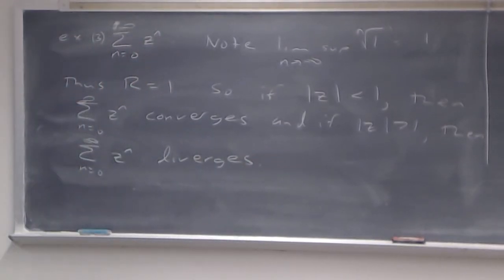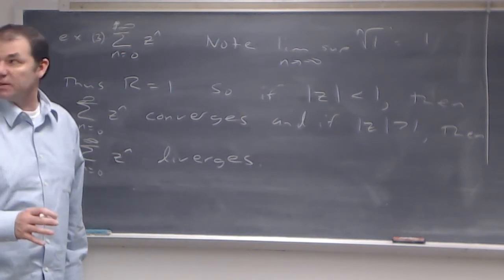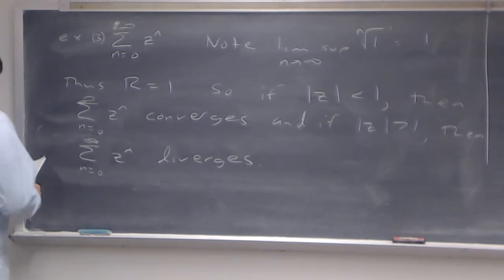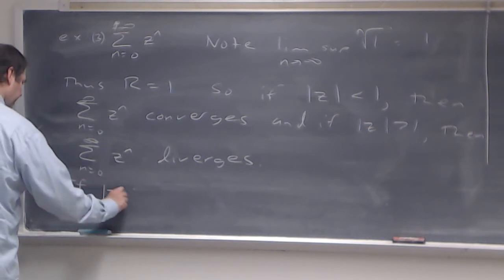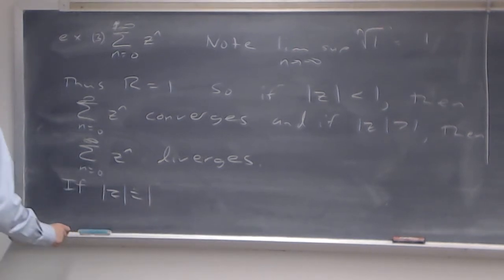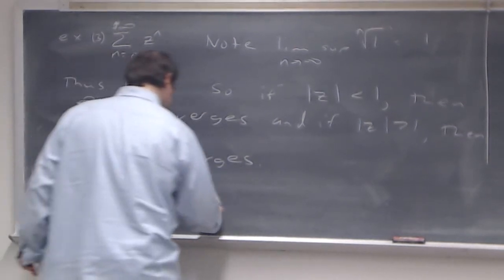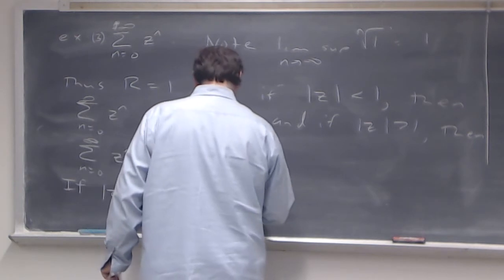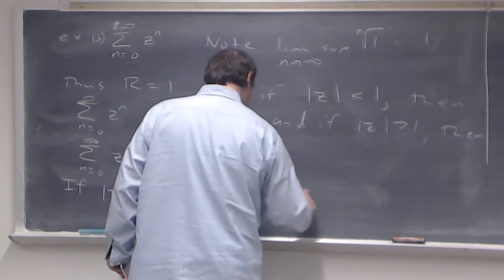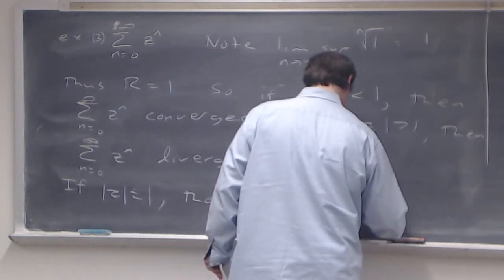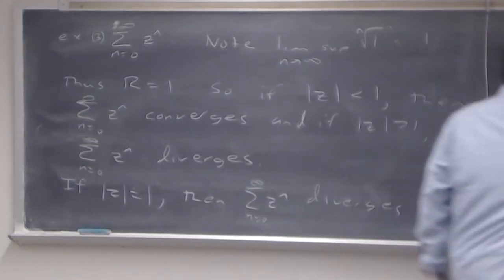And so the question becomes, what happens when the norm of z is equal to 1? Well, let's look at that. So here's what I'm going to say. If the norm of z equals 1, then what we can say is that this power series diverges. How can it diverge?